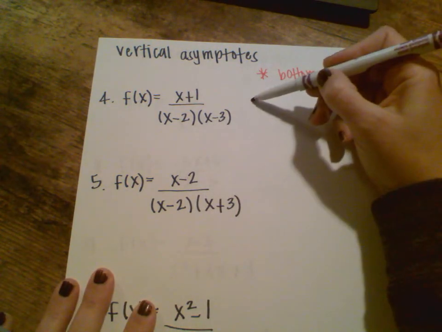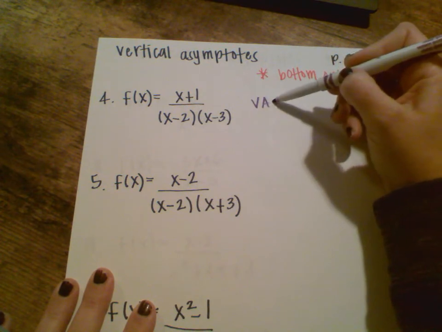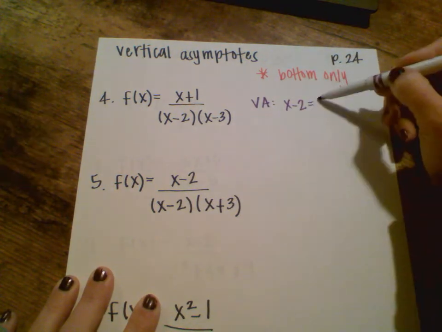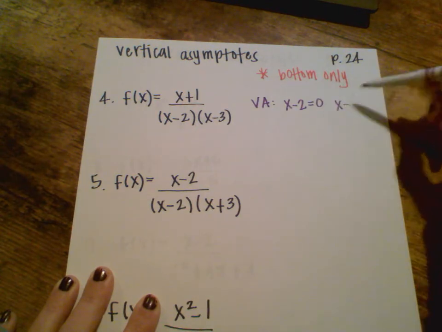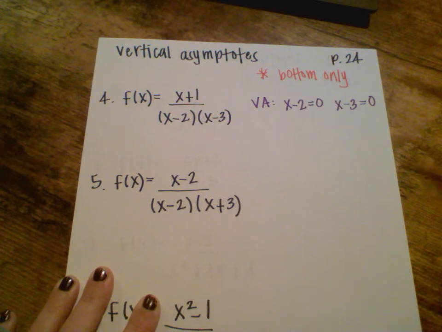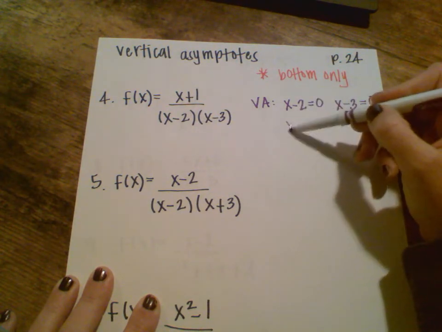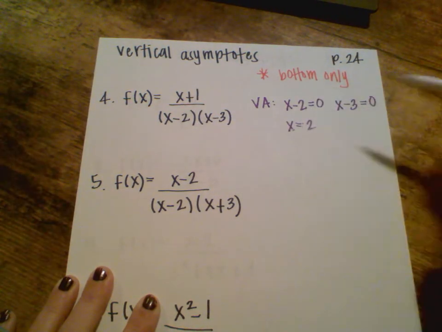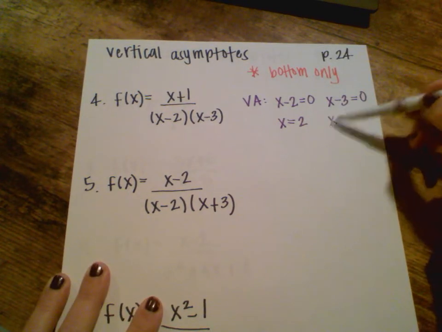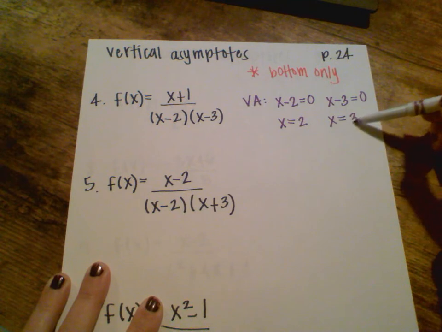So we're going to have 2 vertical asymptotes. Set both of these equal to 0 and solve for x to find our vertical asymptotes. So by adding 2, we get x equals 2 for one of our asymptotes. Add 3, and the other vertical asymptote is x equals 3.